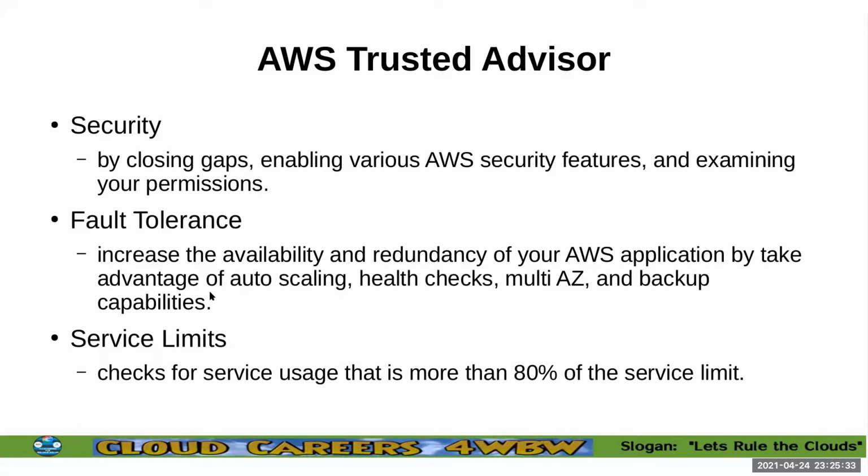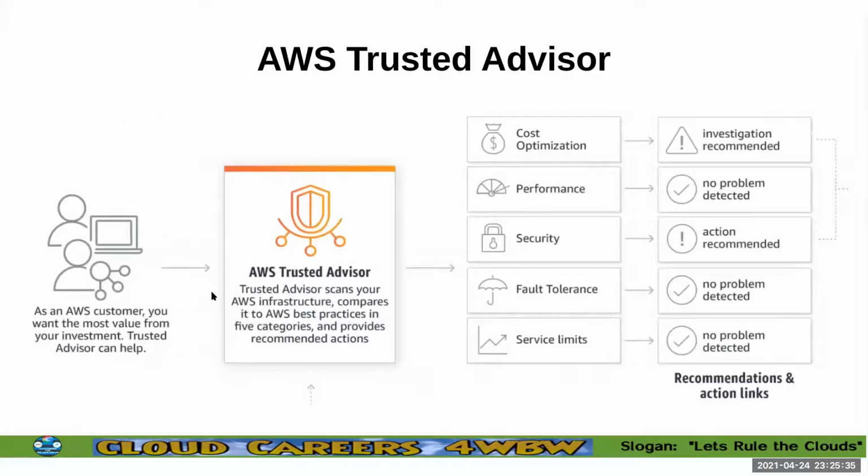This is something that you can just look into if you're not yet confident. And this is just straight from the AWS website. It gives a good picture of what you can do. So the customer runs the AWS Trusted Advisor tool, and then it will look and see and then highlight places where action is needed, and the ones that are good will indicate recommendations and action links.